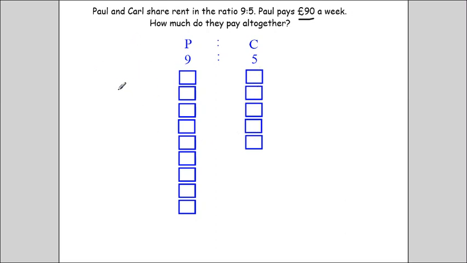Now this time it says Paul pays £90 a week. So these boxes here are the 90. Remember, I've got 9 of them. So 90 divided by 9 is 10. Same number goes in every box.